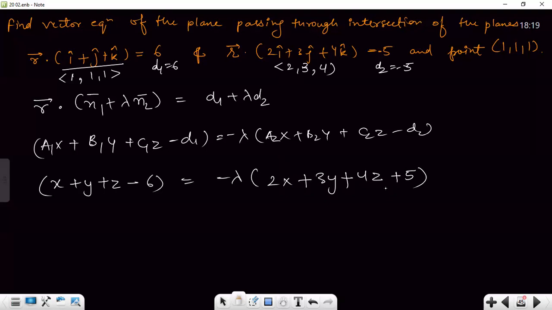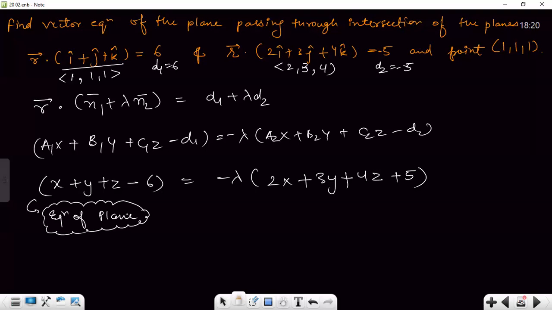Now we have to find out the value of lambda. But we don't know the x, y, z. But this is actually the equation of the plane. When it is the equation of the plane, every point on the plane will satisfy this equation.